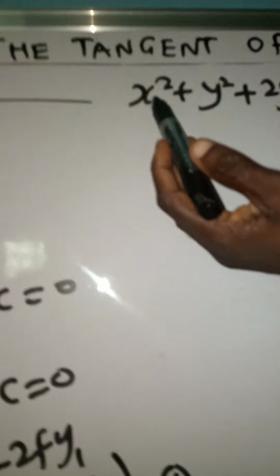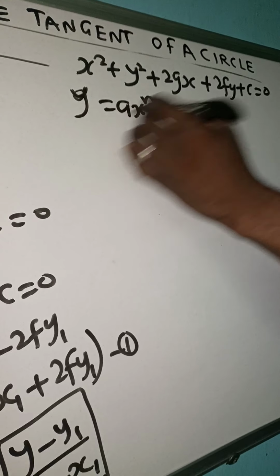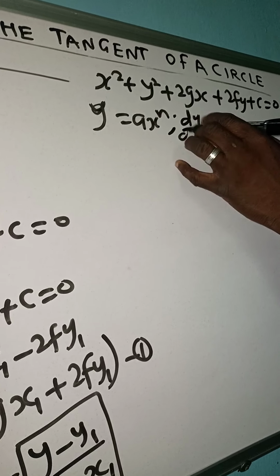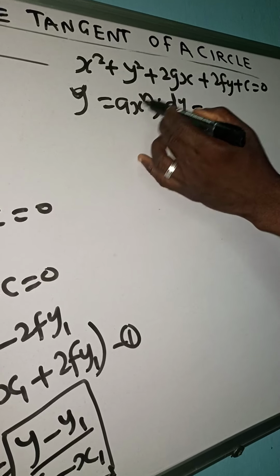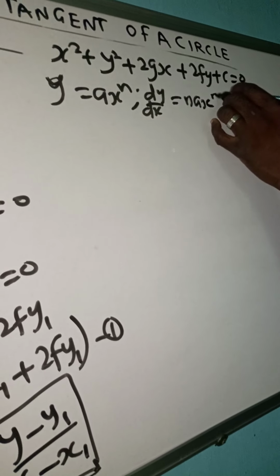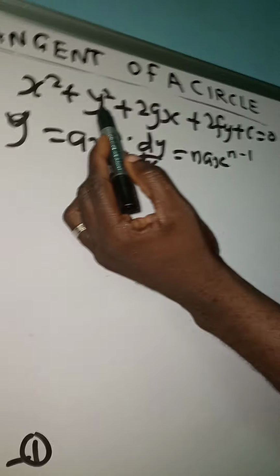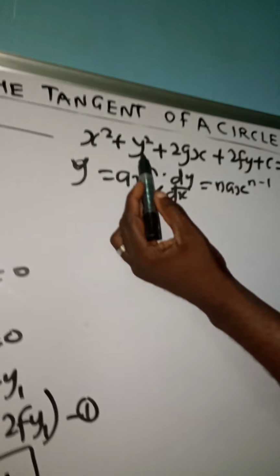So when I want to differentiate this, for instance, if y = ax^n, to differentiate means dy/dx, you multiply by the power, so you have nax, and subtract 1 from the power, that's n - 1. This is differentiation. So to differentiate an implicit function, whenever you differentiate your y variable, you attach the dy/dx.